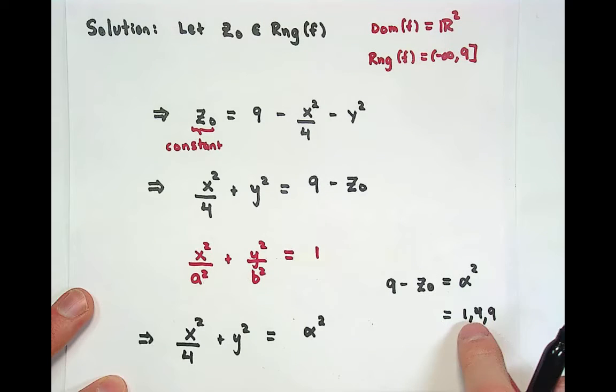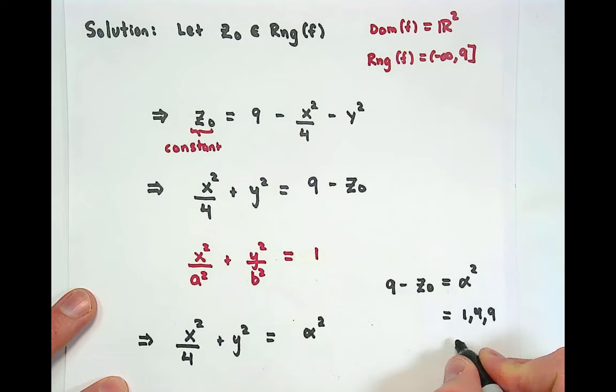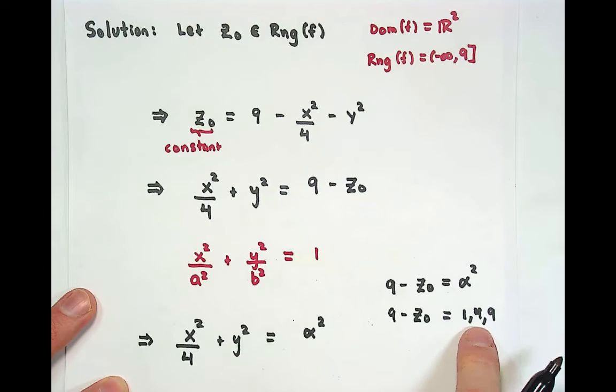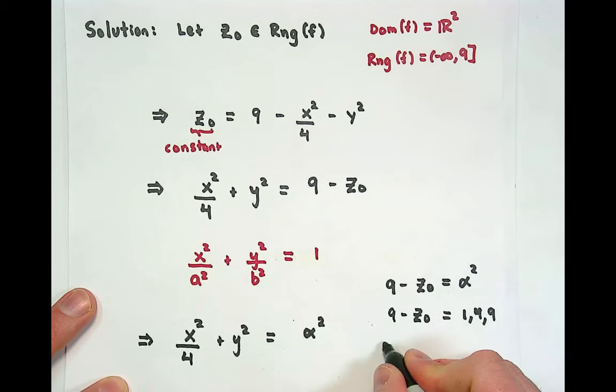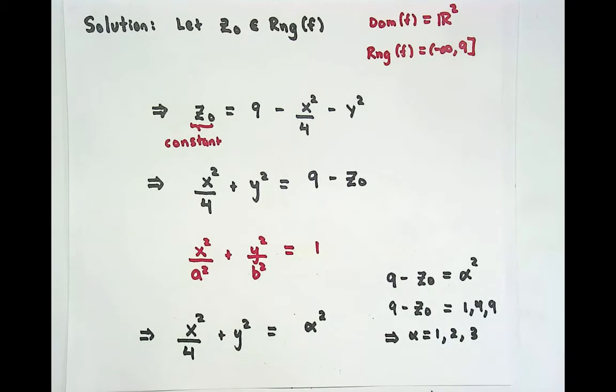So if you think about alpha squared as one of these, here we would have 3 choices of alpha, right? So we're going to write the output as a perfect square, and you'll see why I do this in a second. This would imply that alpha is equal to 1, or alpha is equal to 2 in the sense that it's 4, or alpha is equal to 3.